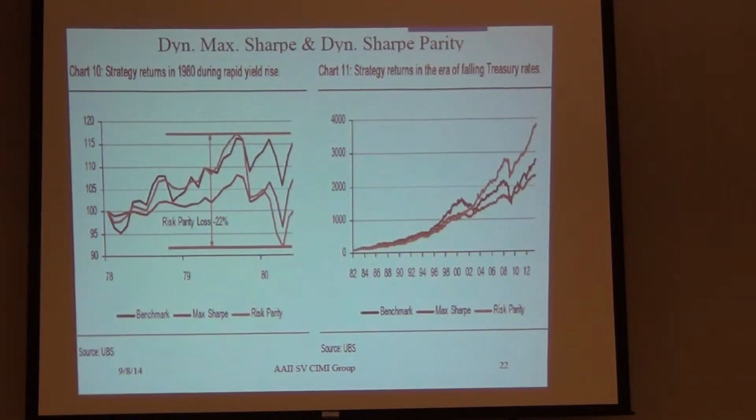Now, one of the reasons they're very interested in all this: the MinVar portfolio and risk parity do great in a falling rate environment. Why? In general, MinVar throws you into bonds, and interest rates are going down, bonds are going up, life is good. What happens when you've got a flat or maybe rising rate environment?